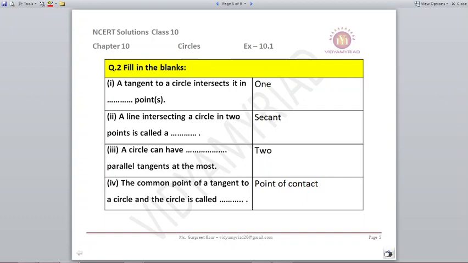If you draw lines to a circle, there can be only two parallel lines which can be tangents. Fourth, the common point of a tangent to a circle and the circle is called the point of contact. We have seen the diagram: CB was our tangent, touching the circle at A, and that A was known as the point of contact.